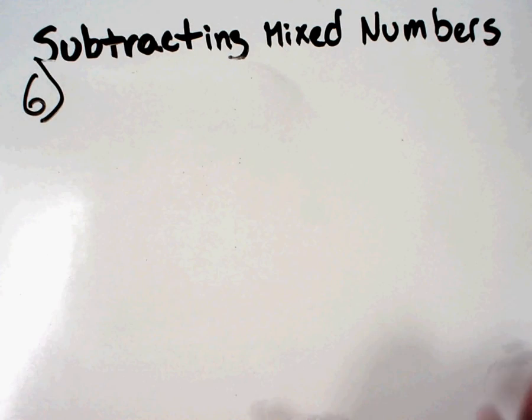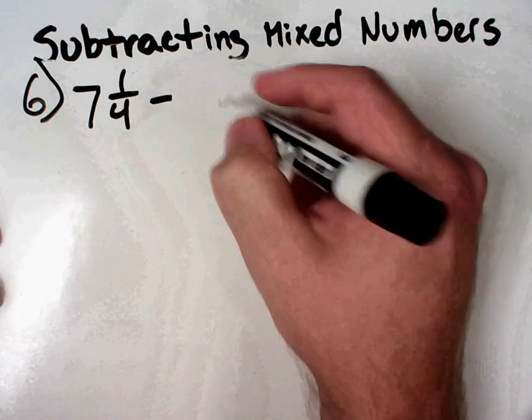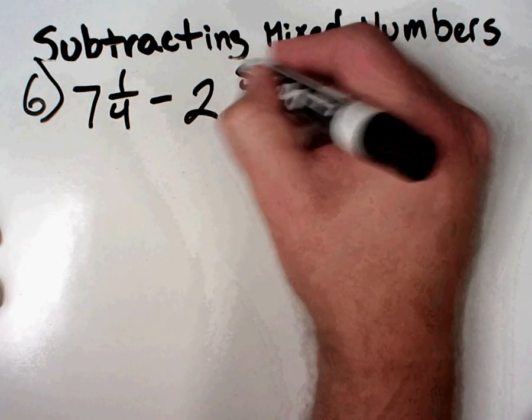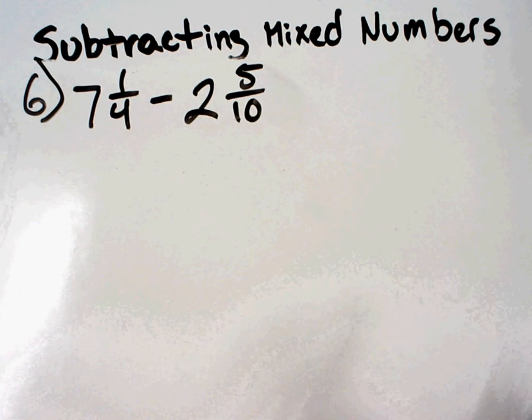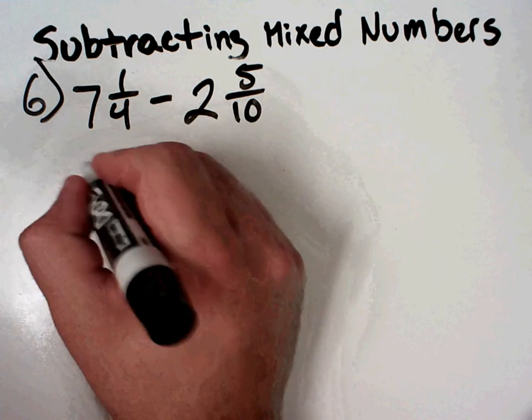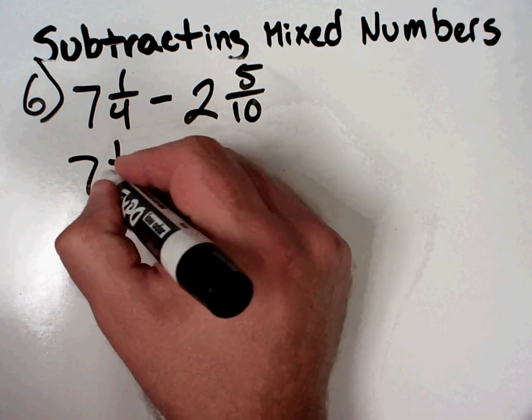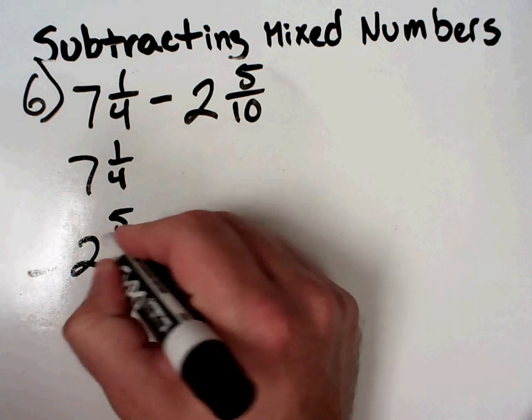All right, number 6, 7 and 1/4 minus 2 and 5/10. All right, so we are going to, once again, for our common denominator, multiply the denominators.